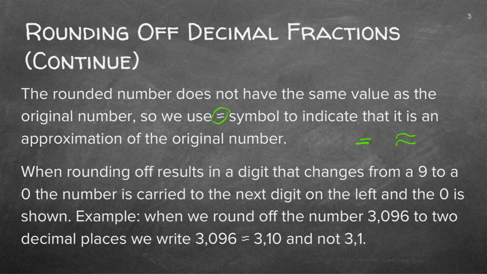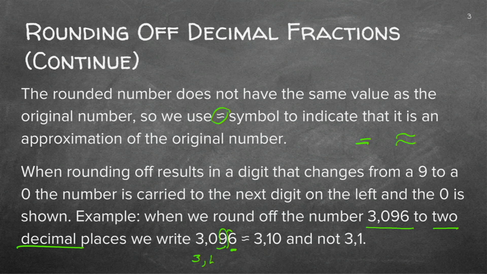So let me give you an example. When we round off the number 3,096 to 2 decimal places, look, there's a 9 and the number to the right is 6. So now, as we've just read, we're going to increase the 9 by 1, so it's going to be 3,1.